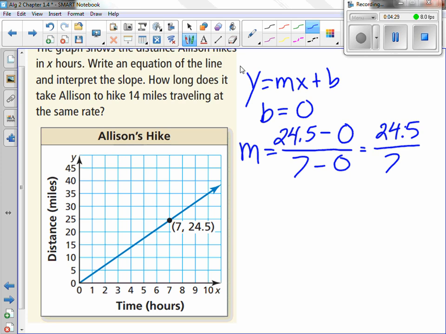And what this reduces to is 3.5. Now, if we want to change that into a fraction, we can. It would be 7/2. So our slope is either 3.5 or 7/2, because I can rewrite that as a fraction.